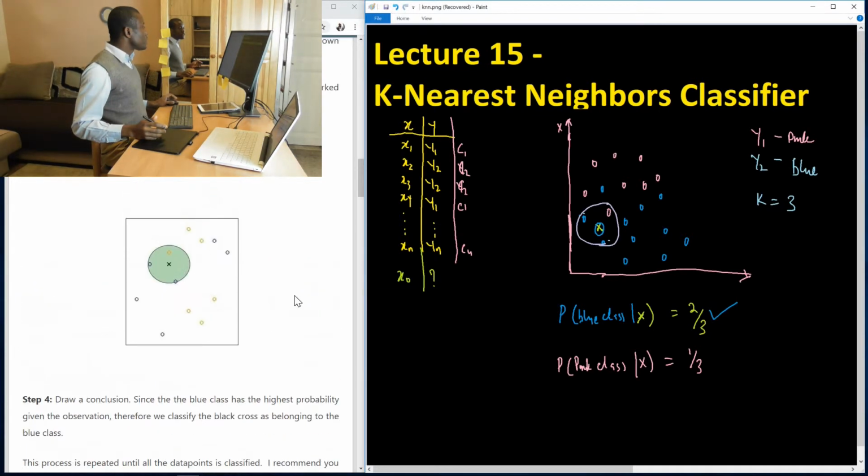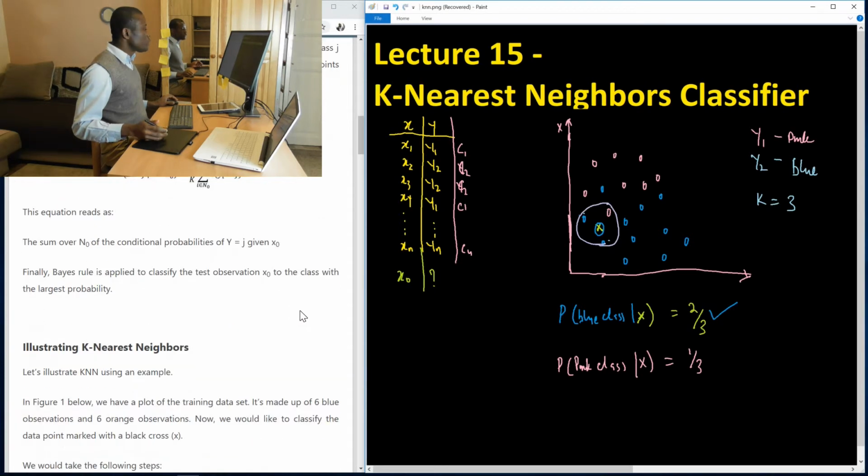And now I'm going to just explain this formula to you so that you get used to it. So this equation reads that the sum over n0 of the conditional probabilities of y belonging to j given x0. So n0 is the region. So when we make this circle, we are creating a region n0.